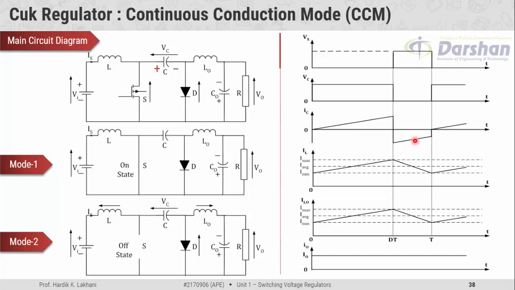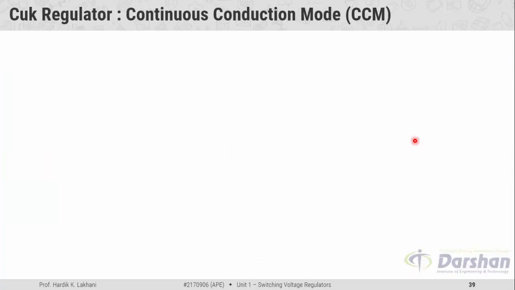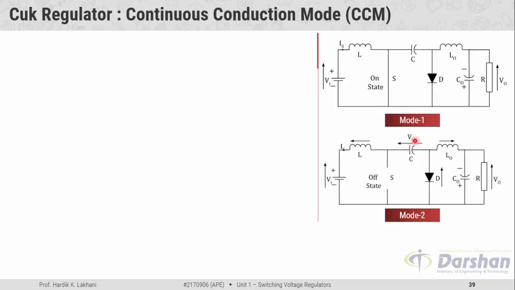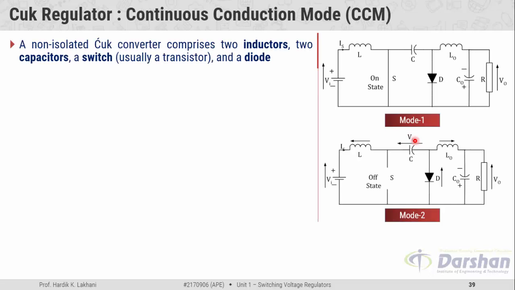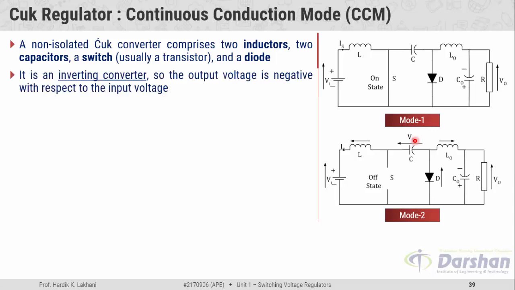So now let us see the important points of the Cuk regulator discussed so far, and thereafter we will derive the output voltage for the Cuk regulator operating in continuous conduction mode. As said earlier, it is a non-isolated type converter. It has two inductors, two capacitors, one control switch, usually a transistor, and a diode.